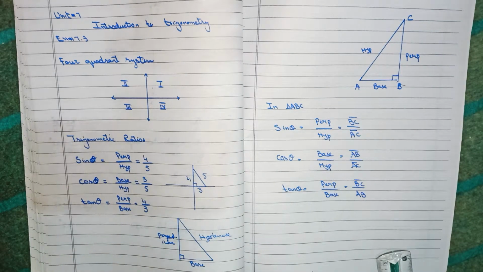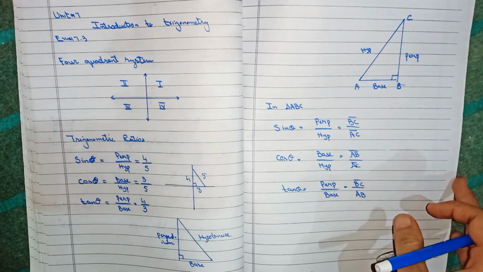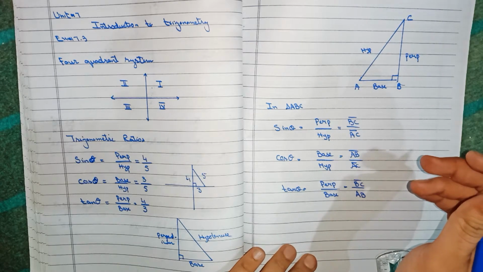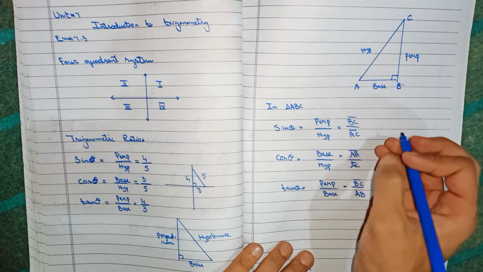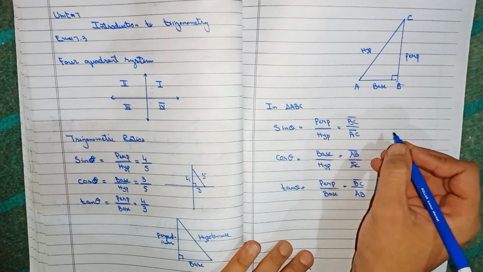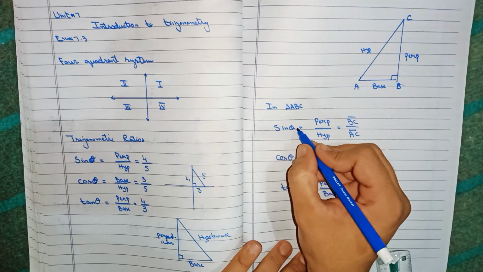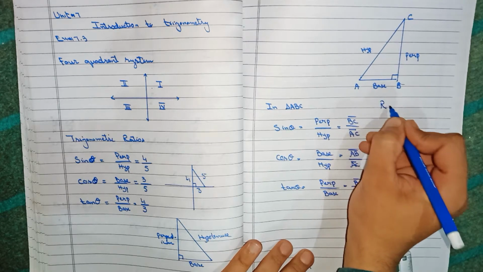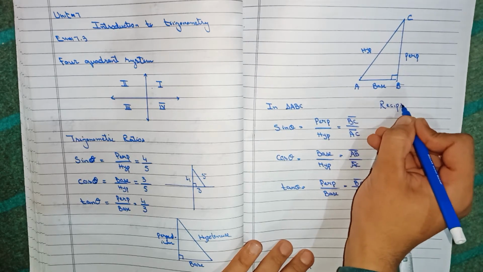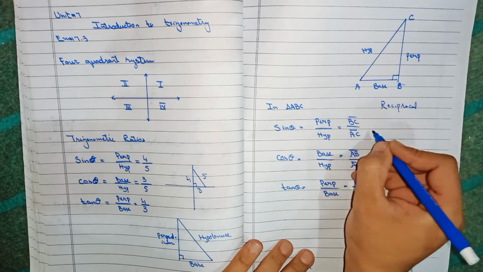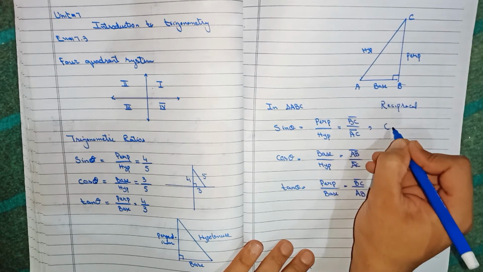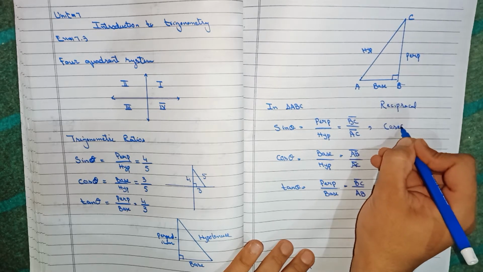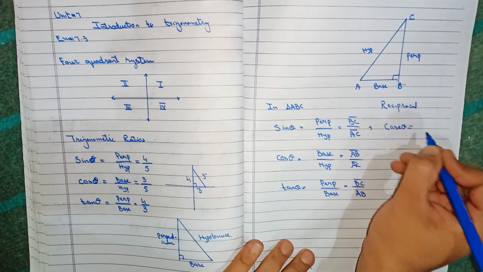And now the reciprocal identities. The reciprocal identities in the trigonometric ratios is the converse of the other. The sine theta, its reciprocal is cosecant theta, and it is equal to the opposite of sine.